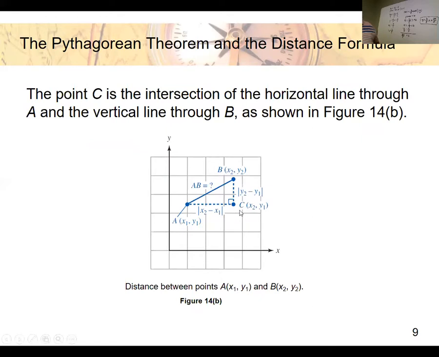They formed a right triangle. So the distance from point A to some point C, that's the difference between your x coordinates, x2 minus x1. And then the distance between point C and point B, that's y2 minus y1.